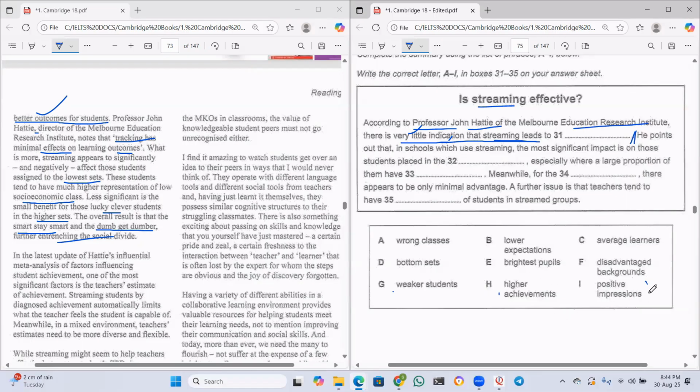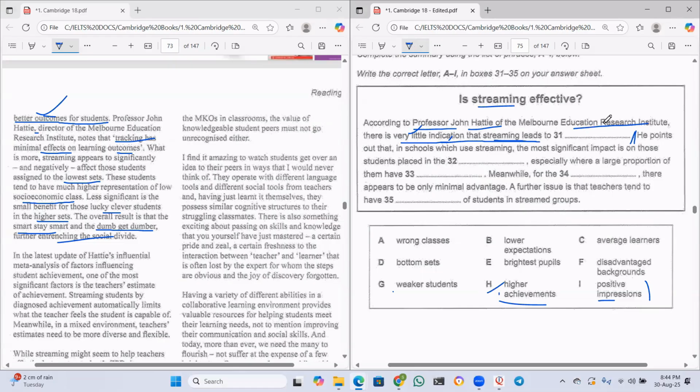Positive impressions? No. Positive impressions is a bit different. Better outcomes is different. Positive impression is different. He is talking about outcomes here. Here it is talking about impressions. We are not talking about impressions, but outcomes means achievements is the right word. So better outcomes is matching with the higher achievements. So what will you write here, guys? Can I write higher achievements here?